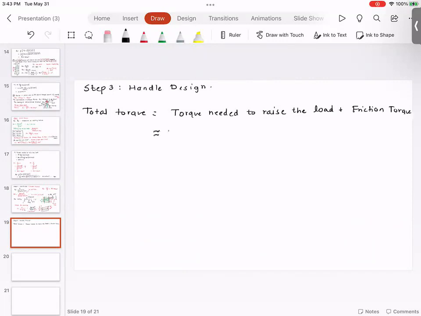And this can be approximated to 1.2 times torque needed to raise the load. And that is 1.2 times 357.